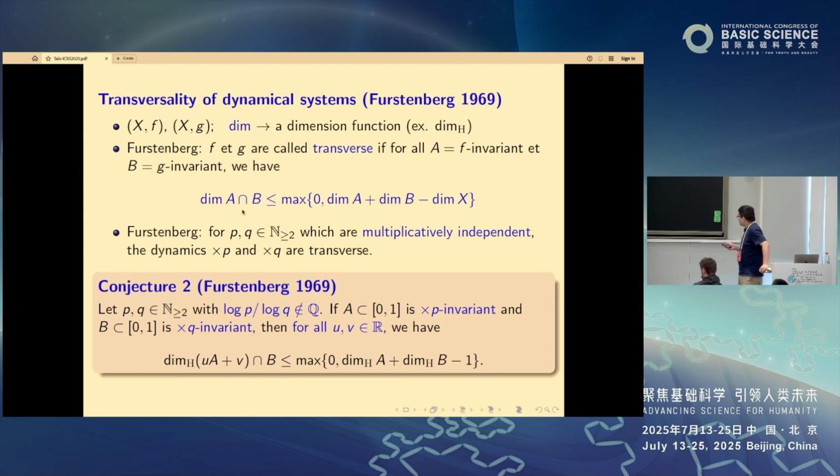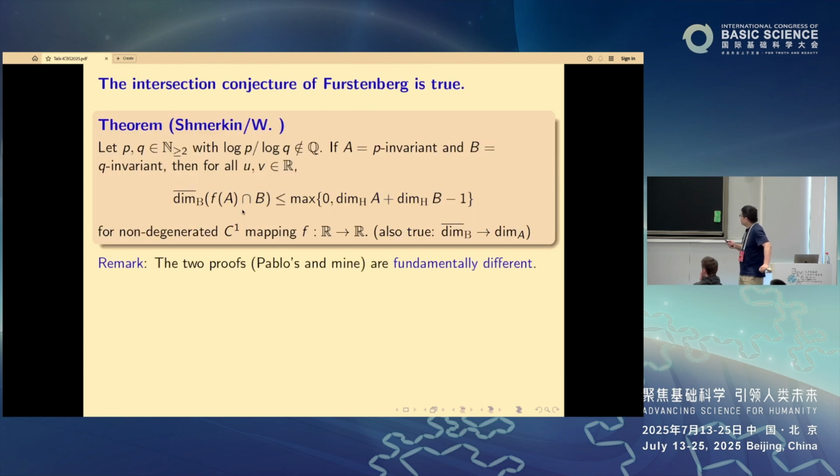And now we know that yes, 8 years ago we proved that this is true.